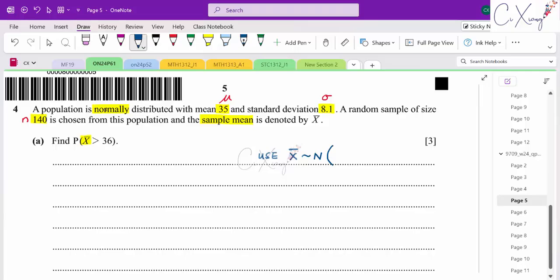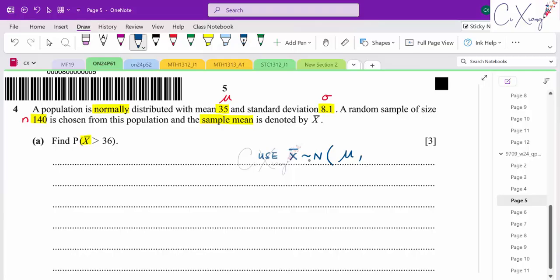If the population is not normal, then they will make sure that the sample size is large, which is more than 30. Then our sampling distribution is always normally distributed in our syllabus. So what is the mean for the sample mean? The mean for the sample mean will be the same as the population mean, which is mu.